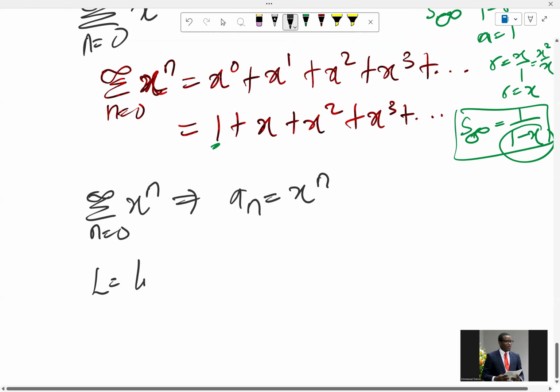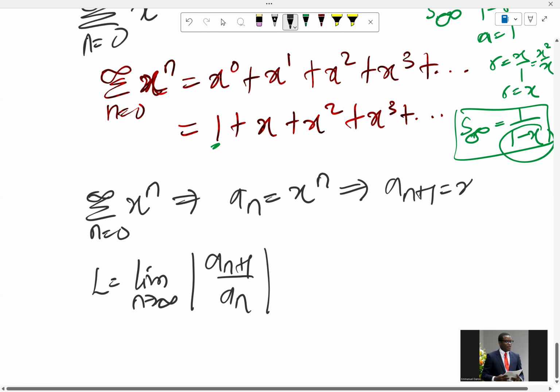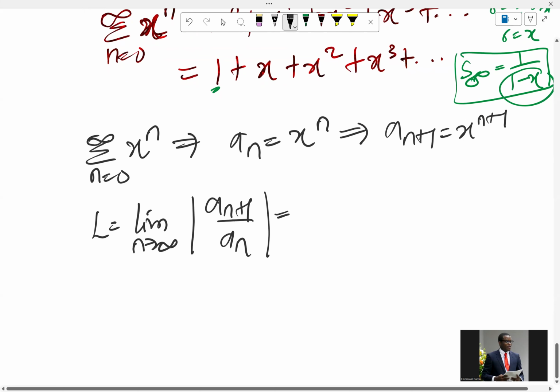The limit L is the limit as n approaches infinity of the absolute value of a_(n+1) all over a_n. And of course, from here, you can already know that a_(n+1) is actually x raised to power n plus 1, like that. So that you have the absolute value of x raised to power n plus 1 all over x raised to power n.